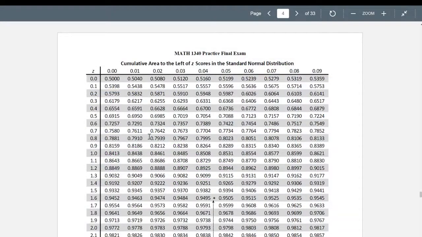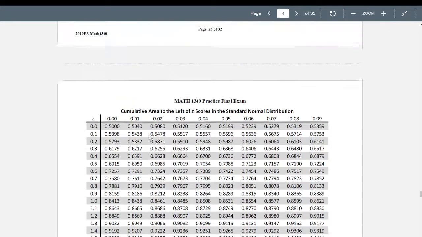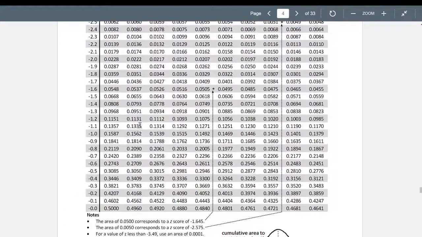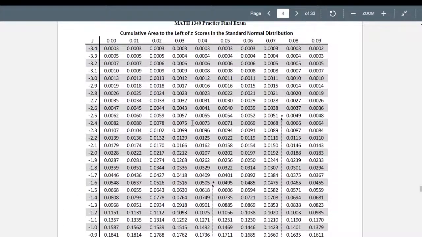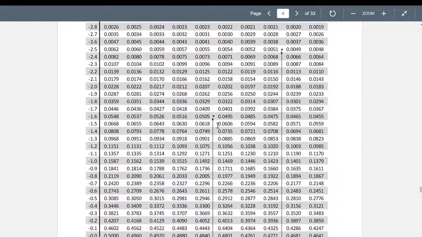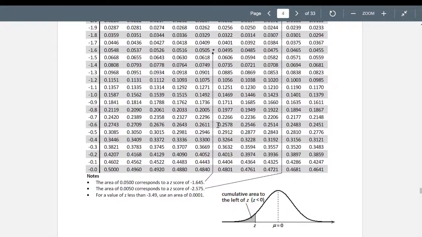Now a z-score with 0.5% to the left would be negative, so I'm going to go up here to where there are negative z-scores and look in the table. The beautiful thing about this is, look at the bottom. There are some notes in this particular table. The area of 0.005 to the left corresponds to a z-score of negative 2.57.